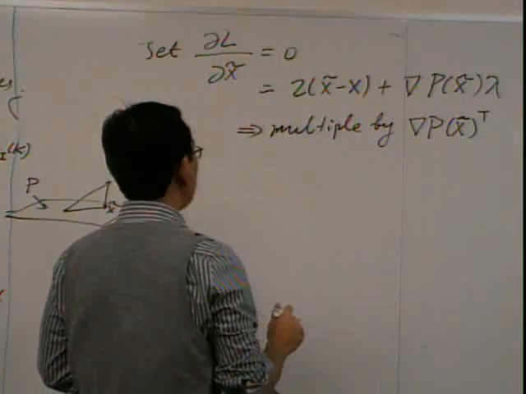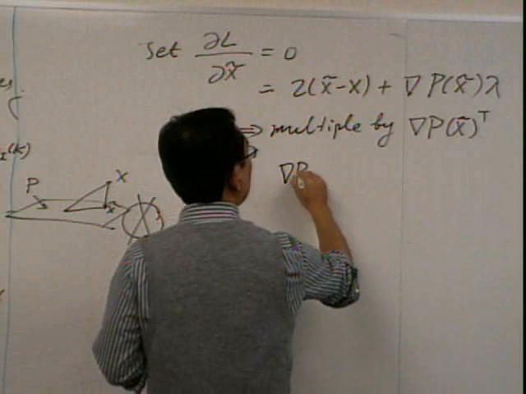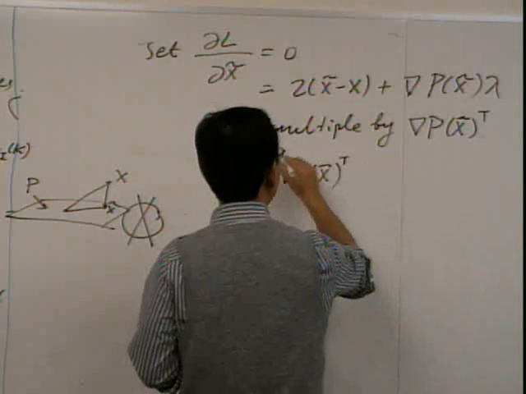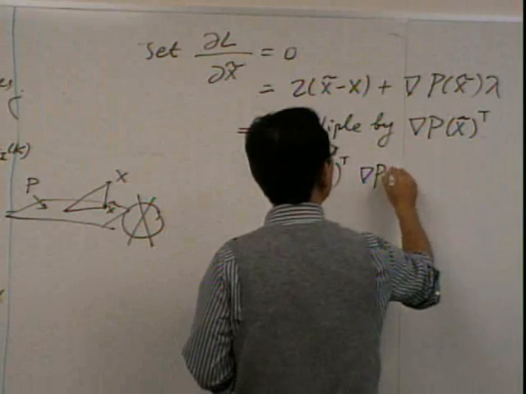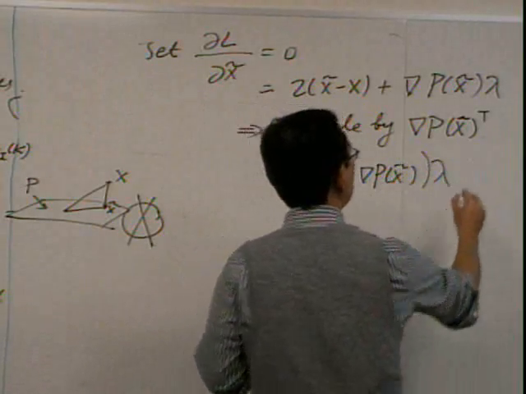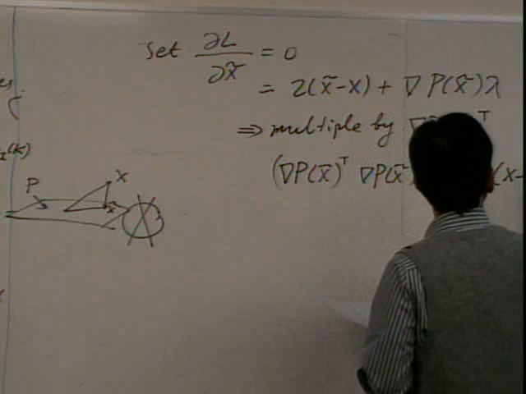That gives you the derivative of p transpose times the derivative of p, now as a matrix, times lambda, equal to 2 of x minus x tilde.